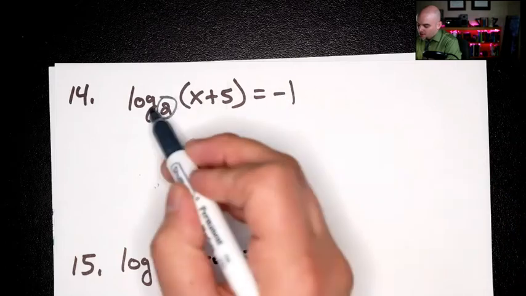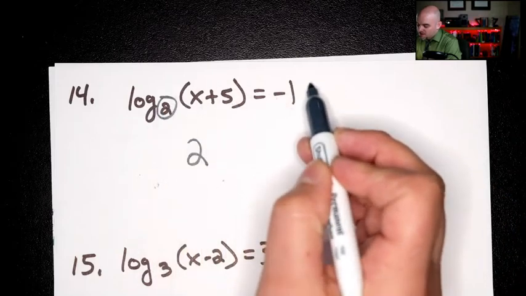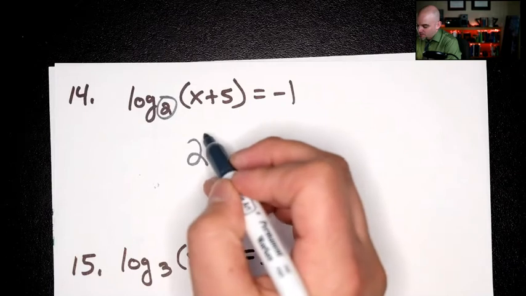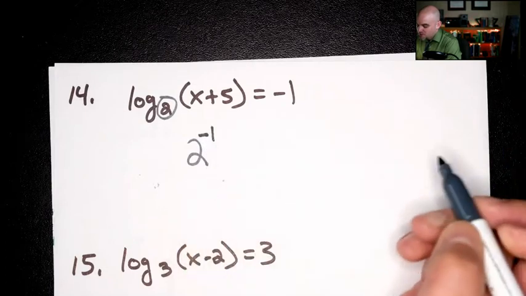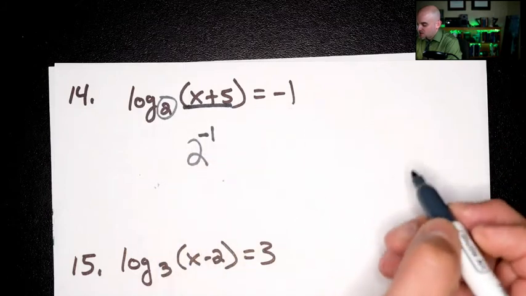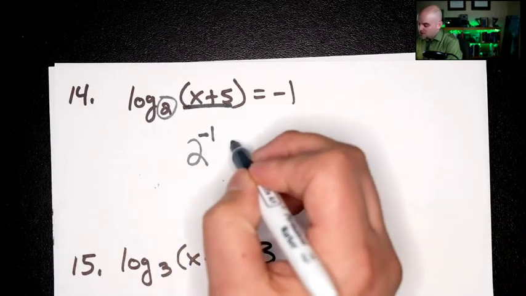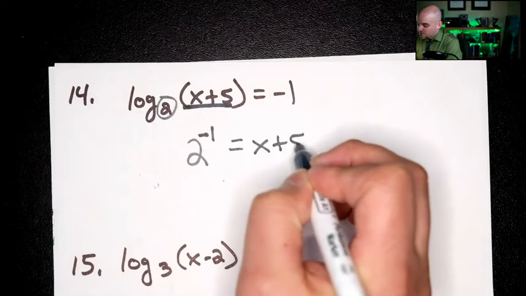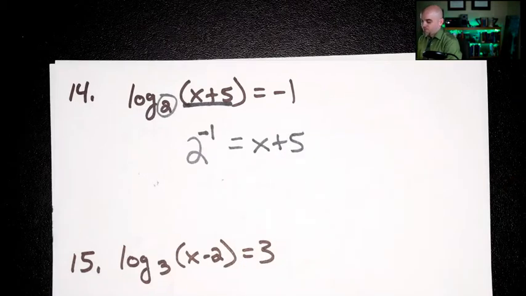And remember, a logarithm is an exponent. So this is the exponent that makes this logarithm work here. It's going to be the exponent of my exponential form. And it must be equal to the input of my logarithm. So that equals x plus 5. All right, so all I did there was convert it from logarithmic form to exponential form. If you don't have a clue of what I'm talking about there, go back and watch my video on that.